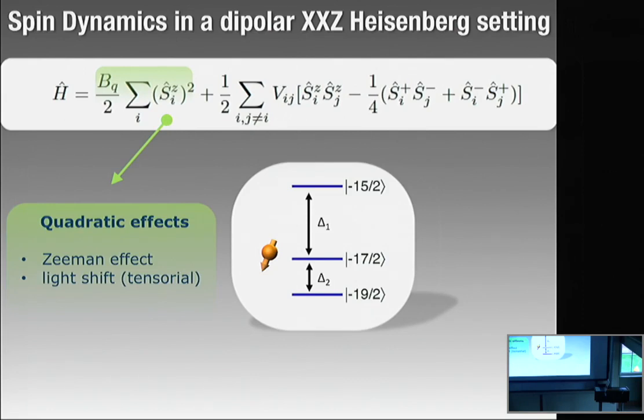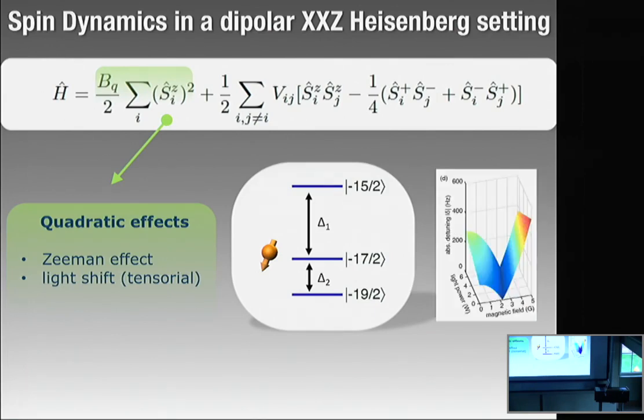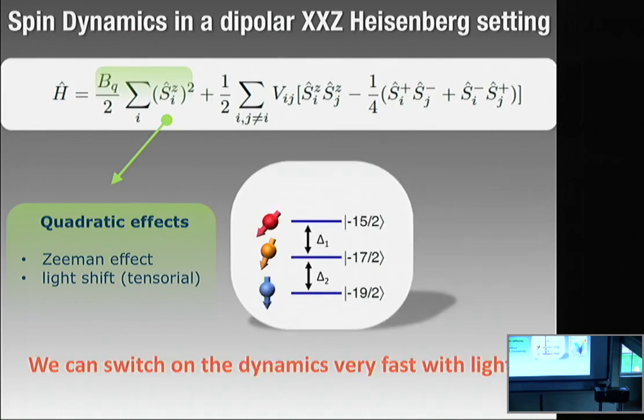But now, using the quadratic Zeeman effect and the tensorial light shift, which is special to lanthanide atoms, you can actually reduce the mismatch and put these two states completely on resonance. And in this way, you can initialize your dynamics.